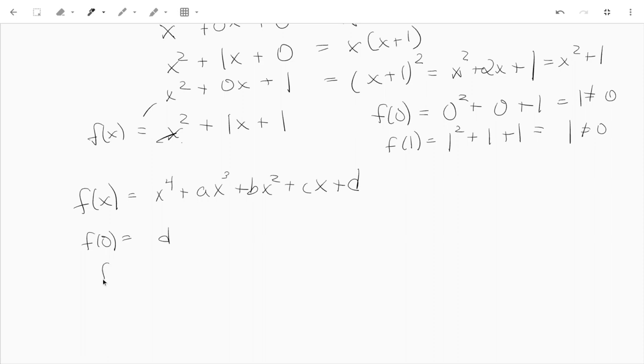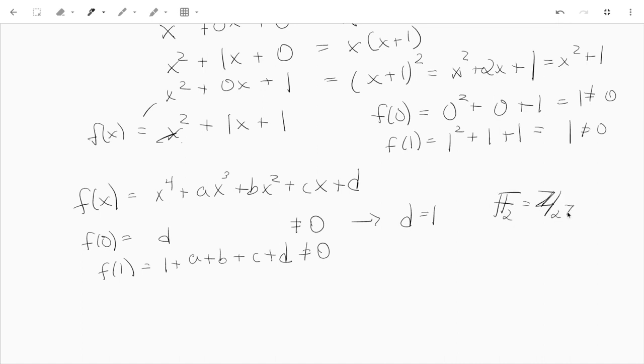F of 0 is d. F of 1 is just 1 plus a plus b plus c plus d. We want these to be non-zero. So automatically d equals 1, because that's the only non-zero element of F2. Let me remind you of that. It's because F2 is just integers mod 2. In other words, 0 and 1, where 1 times 1 is 1, 1 plus 0 is 1, 1 times 0 is 0, 1 plus 1 is 0, and so on.